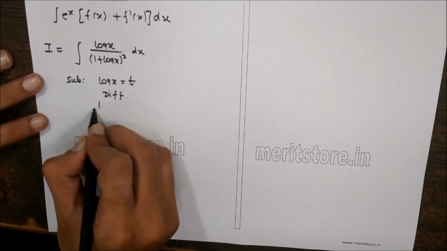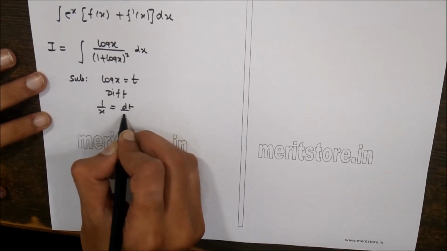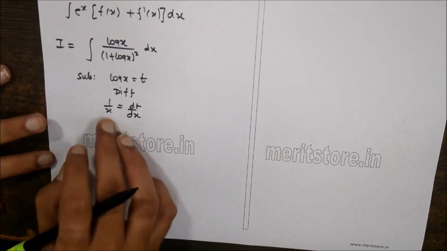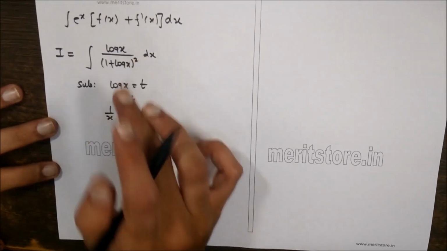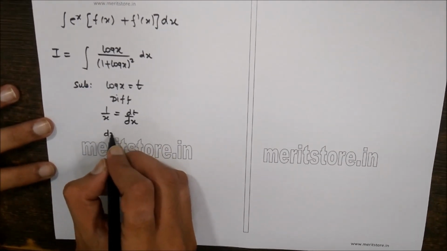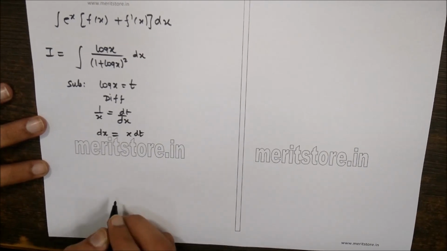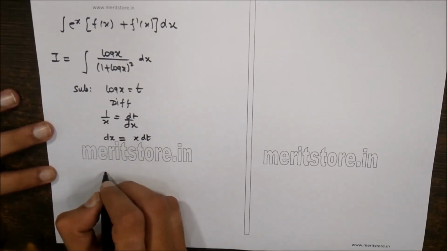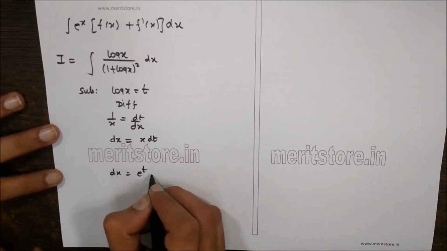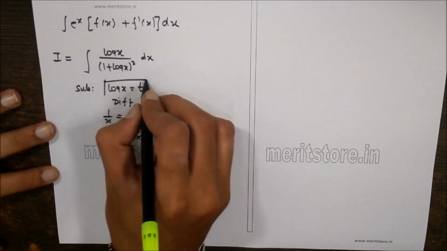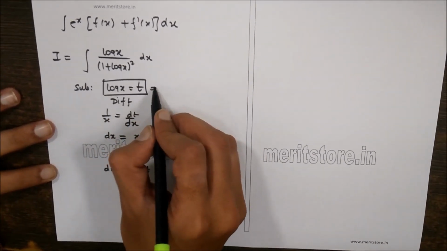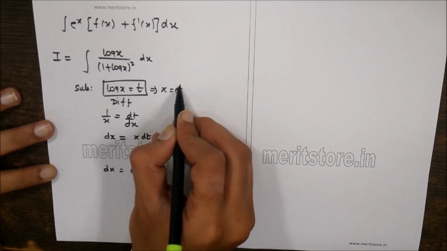Differentiate: 1 upon x is equal to dt by dx. We observe there is no term of 1 upon x in our integral. We'll take the help of our unique substitution and I'm going to write dx is equal to x dt. x will be rewritten as e raised to t. By the formula of logarithms, if log x is t, we know that x is equal to e raised to t.